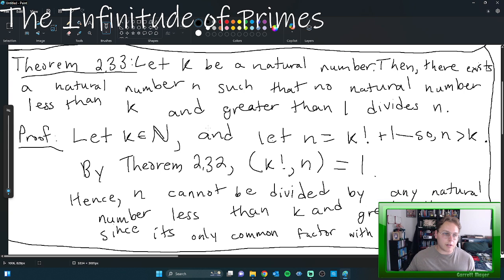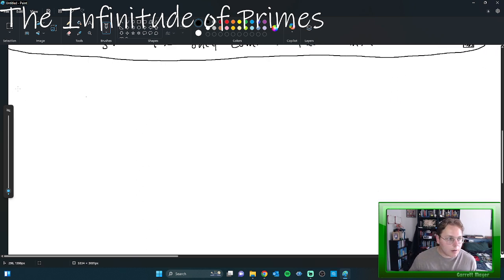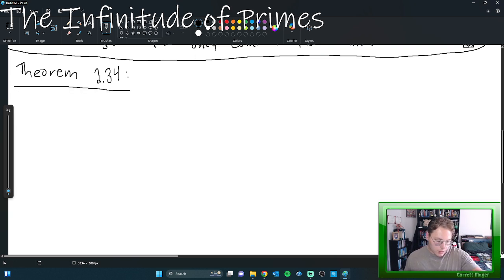Okay, so that's the second theorem that we're proving. And then the third theorem will be 2.34. And this theorem simply states, and this is getting very close to just being an expression of there being infinitely many prime numbers, but this will be another crucial step in our overall proof: let k be a natural number.